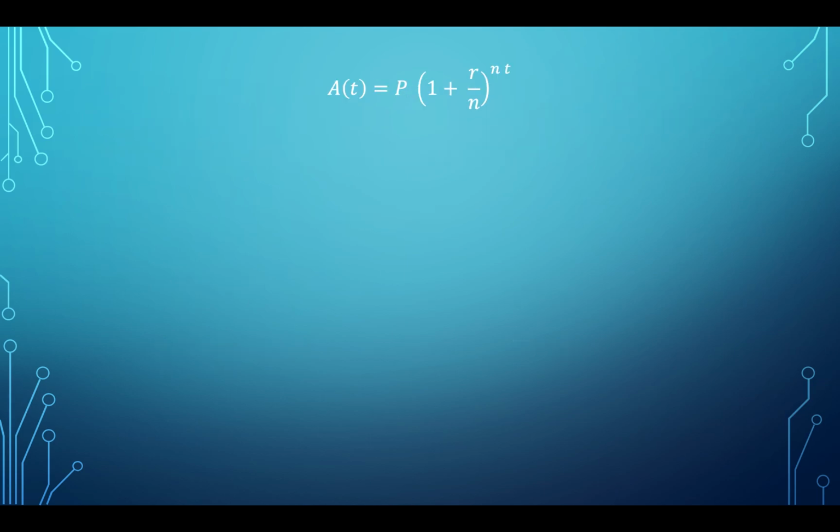Next, what we're going to do is plug all of that into the formula. So now we're left with 1,000 times (1 plus 0.01 over 2) to the 2 times 10. And if you remember, what I told you to do first was simplify 2 times 10 and we get 20. Then we're going to rewrite it as 20 up over here.